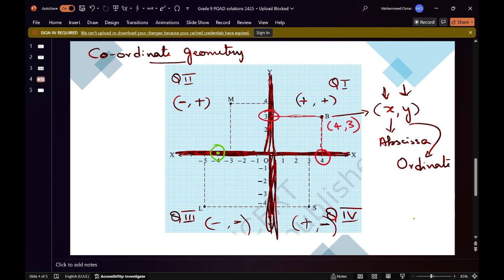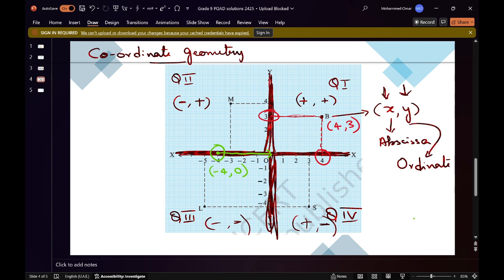See my dear students, this green point is already on the x-axis. Where does it intersect? -4. And you have to draw a perpendicular line onto the y-axis. Where does it meet? It meets at 0. So it is -4, 0. Understood? So you have to be very careful.